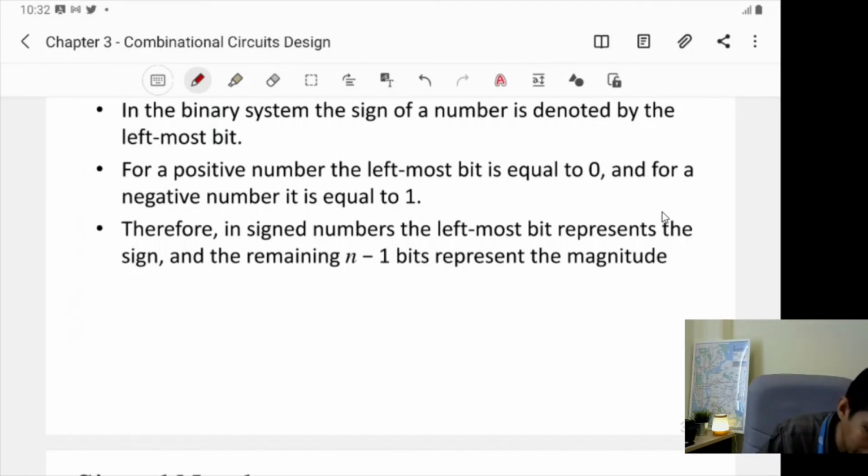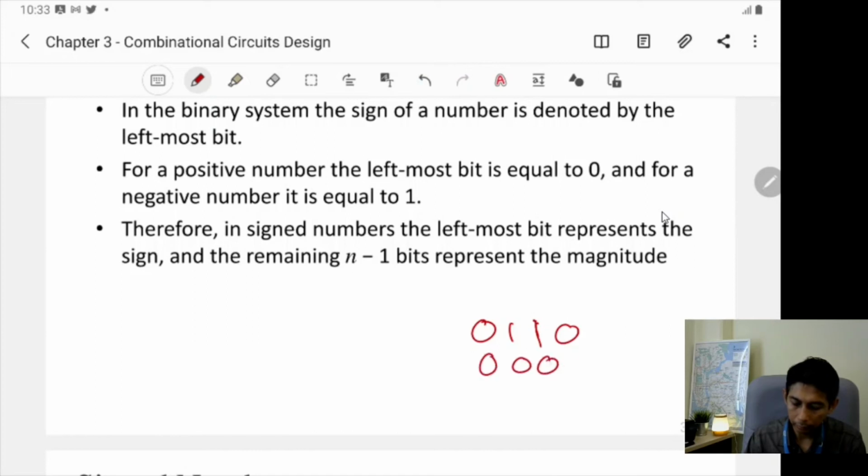So for example, you want to do something like this. Right, in binary, if we want to do subtract, so 0 minus 1, so you need to borrow from the next bit here.